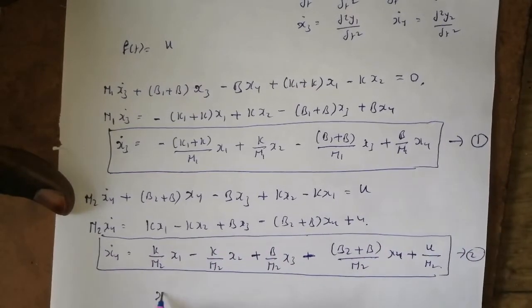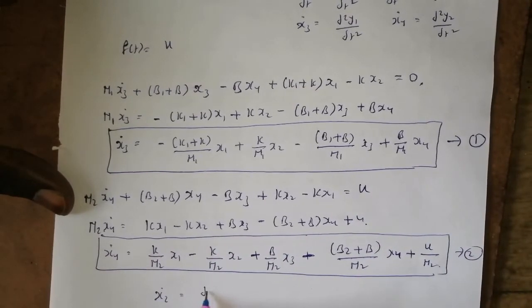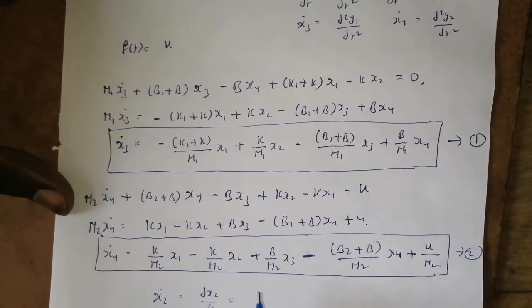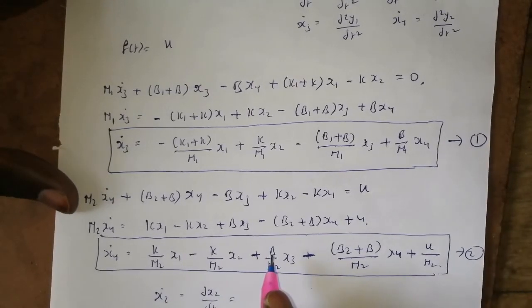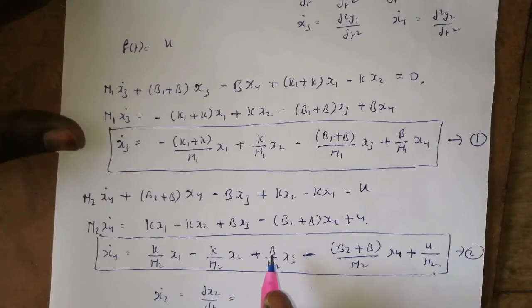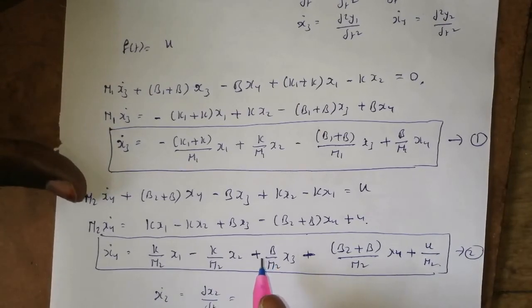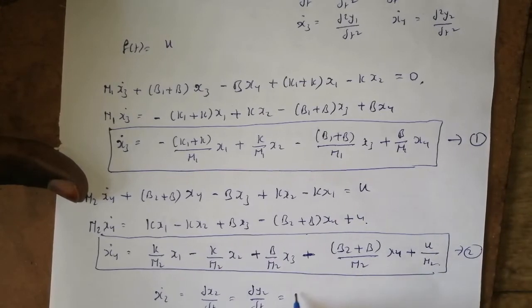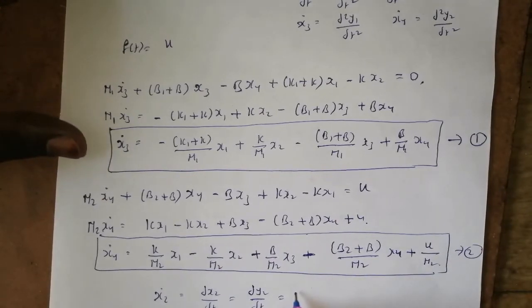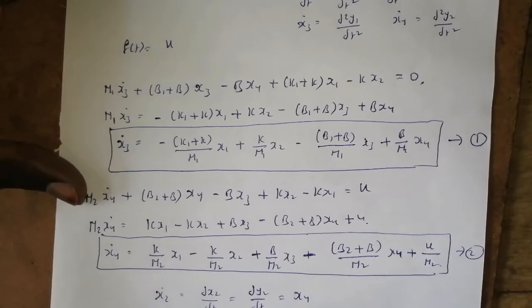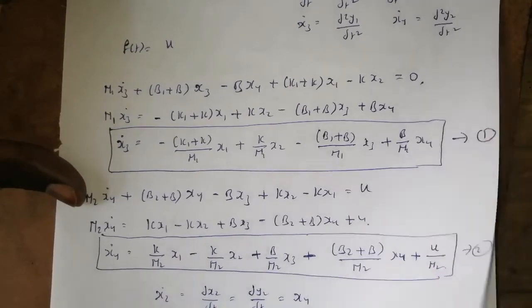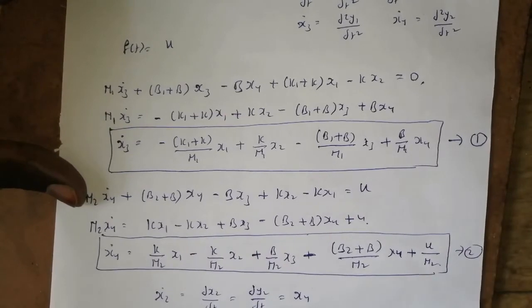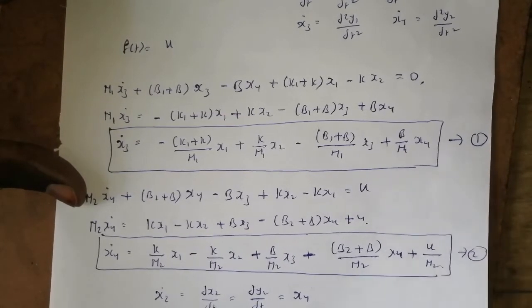Next, x2 dot is nothing but dx2 by dt. So dx2 by dt means dy2 by dt, so dy2 by dt is x4. Next, x1 dot is nothing but dx1 by dt, and dx1 by dt is nothing but dy1 by dt, so it is x3.